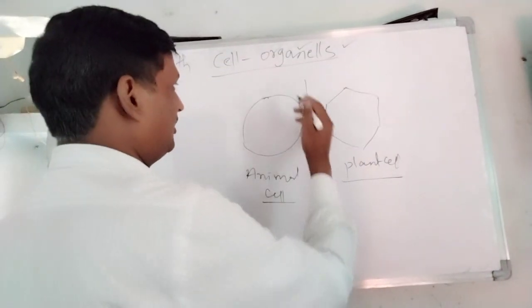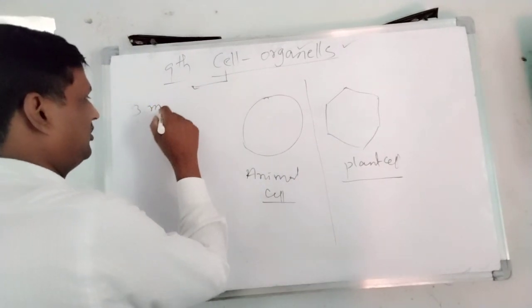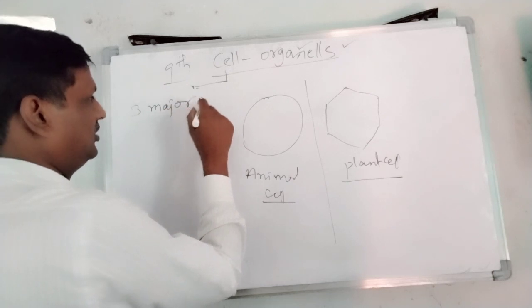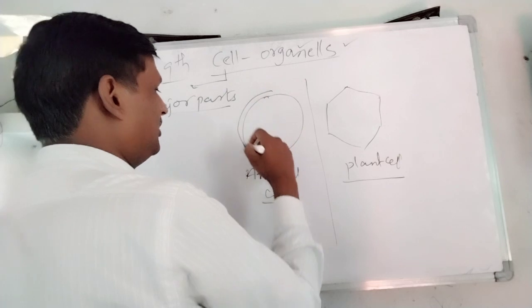If we observe, the cell consists of three major parts. What are the three major parts? First, the cell is surrounded by the cell membrane.